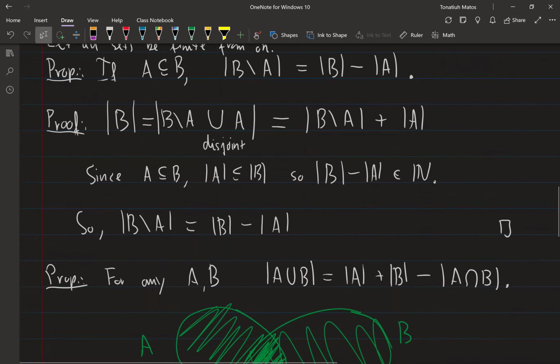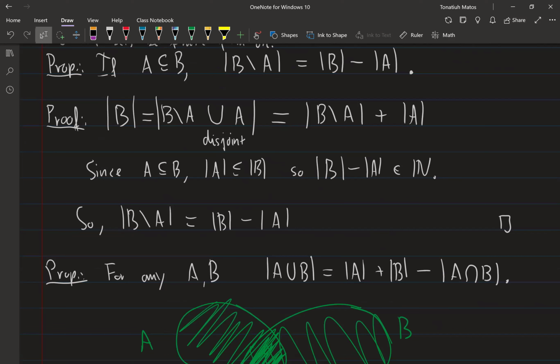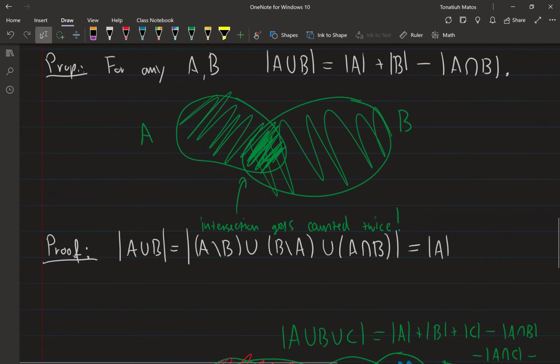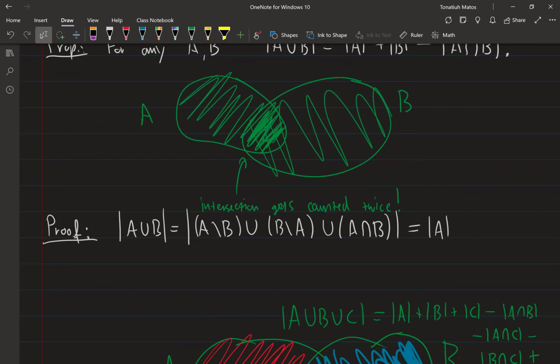The proposition you can see at the top of the screen that says that the size of B minus A is B minus A. Now, we have to be a bit careful here because A and B are not subsets of each other. So instead of writing it like this, I just have to include the intersection. Why? Because the intersection is in fact contained in A, right?